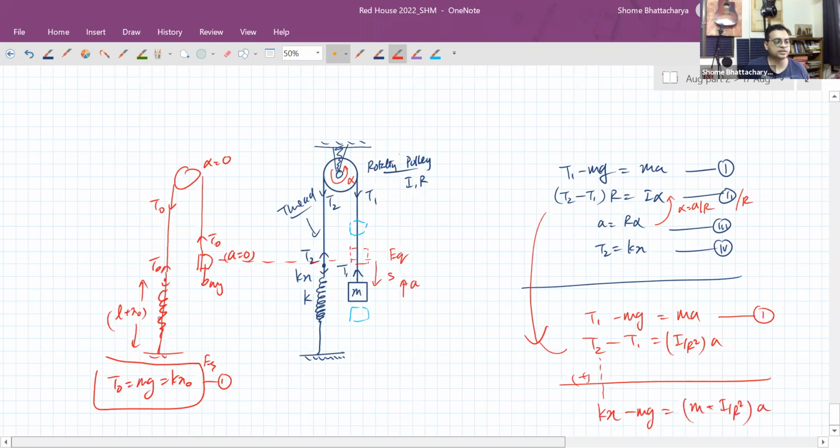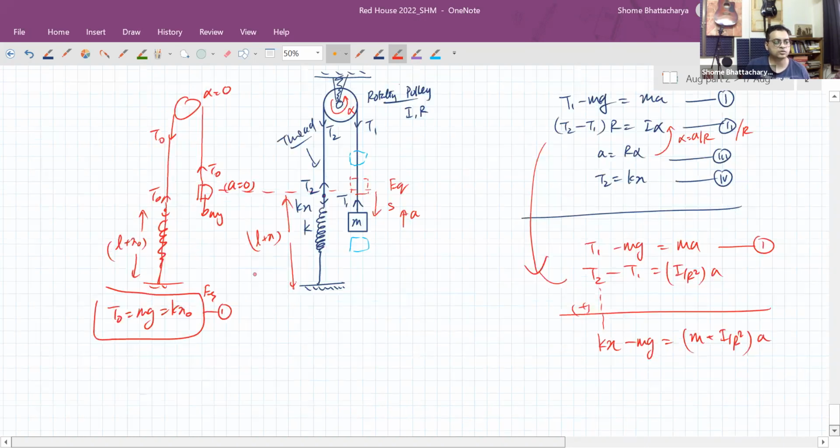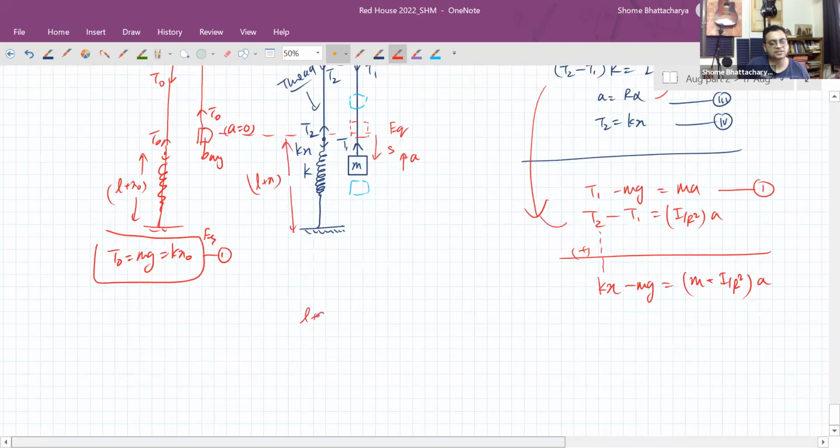Now the next thing you notice is that between this diagram and this diagram, if the block has gone down by S, then the spring has got an extra stretch of how much? This will become L plus x now. So the difference of these two is basically how much this point has gone up, and that is the same distance by which this block has come down. So L plus x, the new position of the spring, minus L plus x naught should be equal to the displacement of the block.